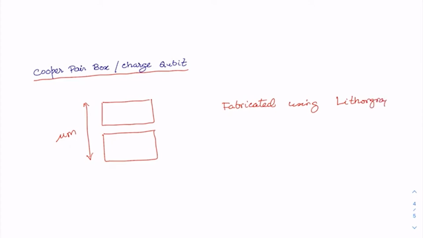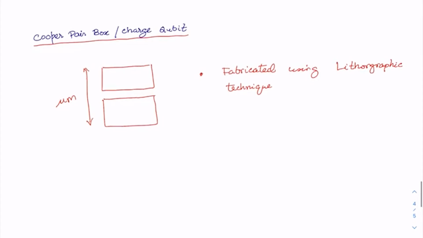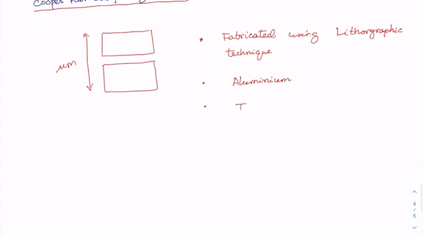In fact, these same lithographic techniques are used for computer chip production. The typical material used for a Cooper pair box is aluminum, and you may know that aluminum has a transition temperature in the range of 1 Kelvin.